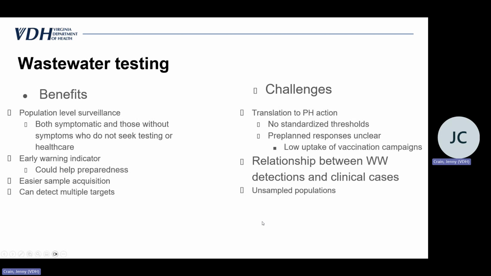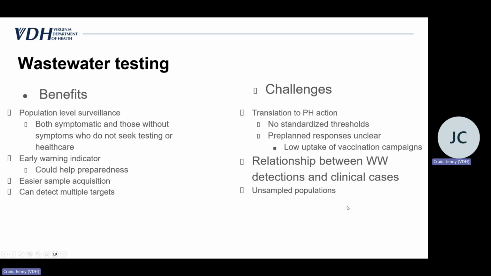I know in Virginia we had used it for identifying which wastewater treatment plants were associated with certain communities where there were low vaccination rates. So if there were consistent and positive detects of SARS-CoV-2 in a certain area, then we could deploy a vaccination action team and offer an advanced targeted vaccine campaign for that specific community, for example.